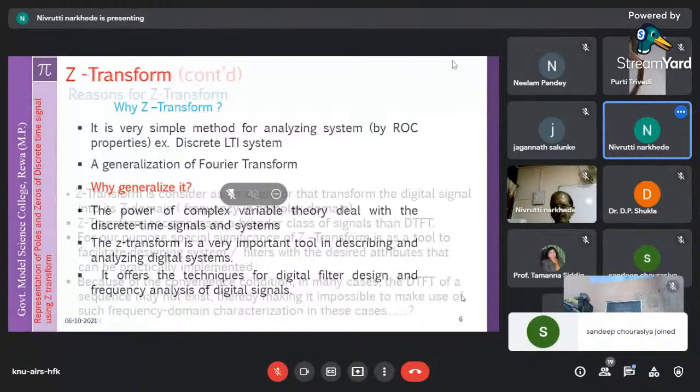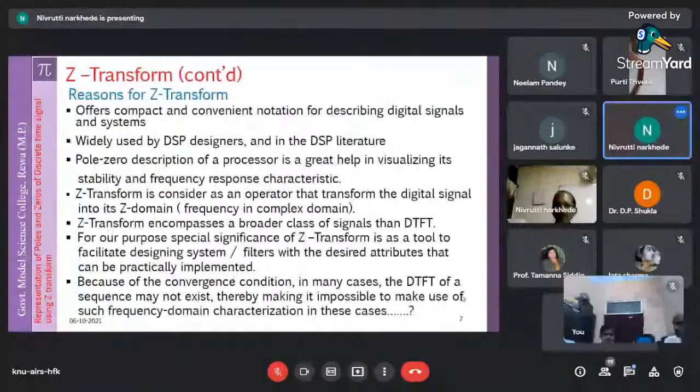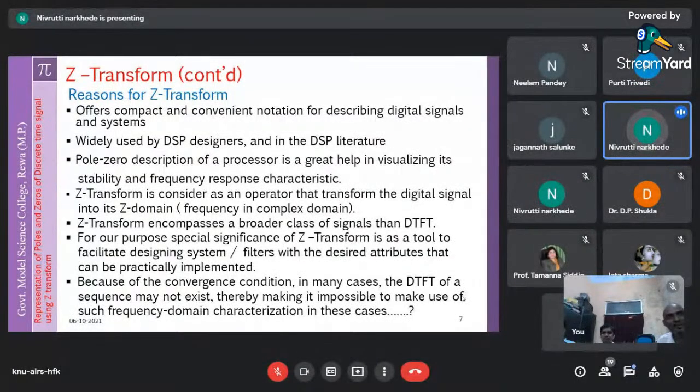Now the reasons why we use this are mentioned here. It offers compact and convenient notations for describing digital signals and systems, widely used by digital signal processing designers and in the digital signal processing literature. The pole and zero description of a processor is a great help in visualizing its stability and frequency response characteristics.